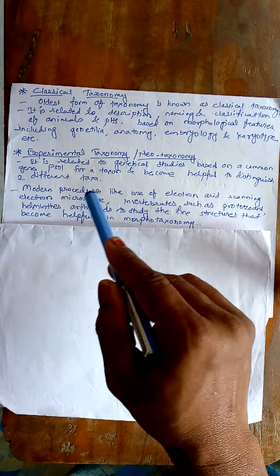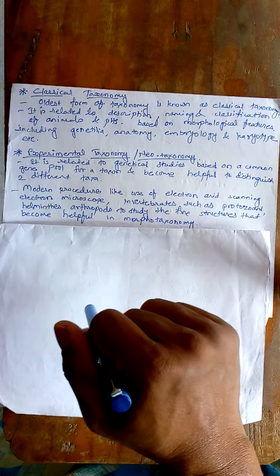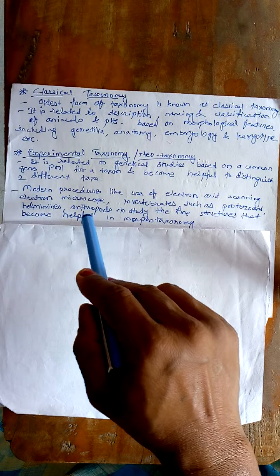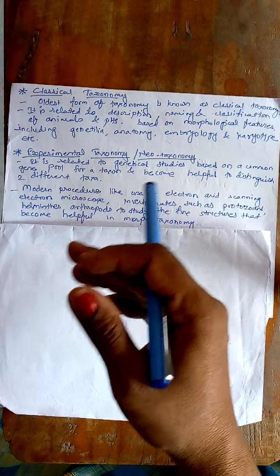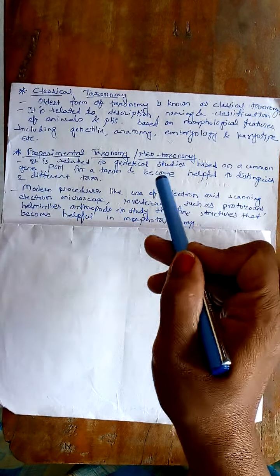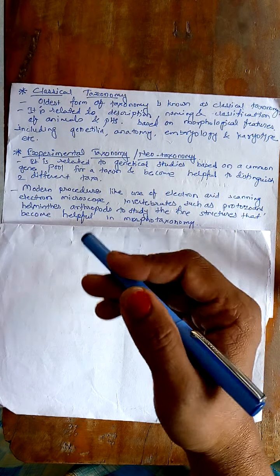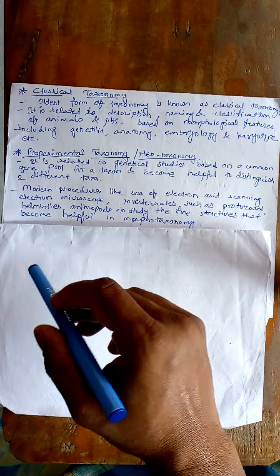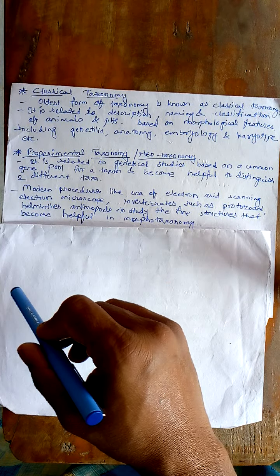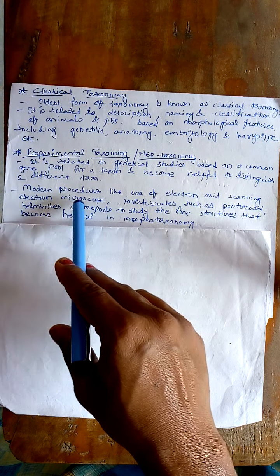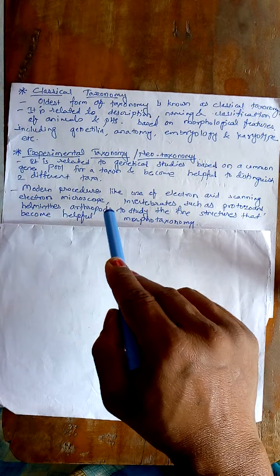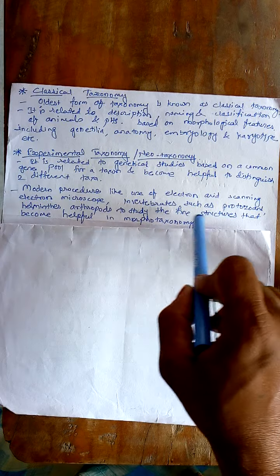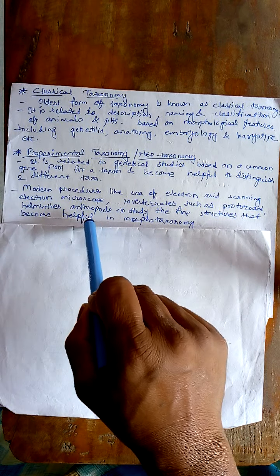With the invention of the electron microscope, we can observe many characters, and at chromosome level it also becomes very simple to identify them. So we classify animals, specifically invertebrates, into protozoans, helminths, arthropods, etc.